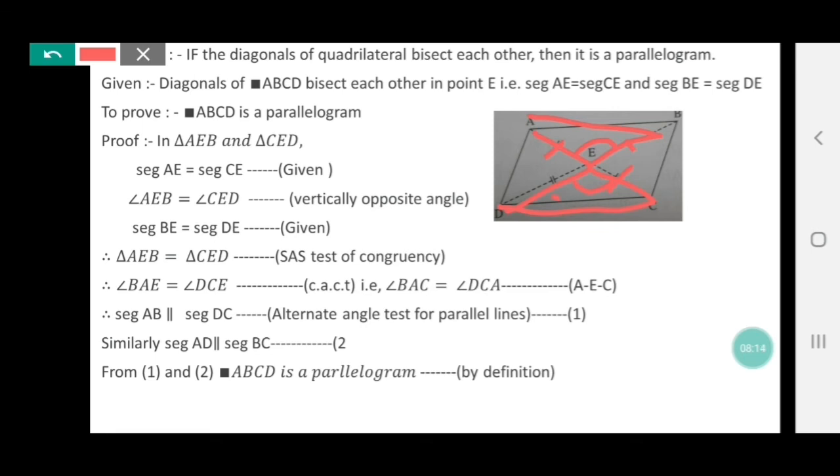Now the two triangles are congruent to each other by which test? They are congruent by the SAS test of congruency. As the two triangles are congruent, their corresponding angles will be congruent. Now we have to focus on the angles.